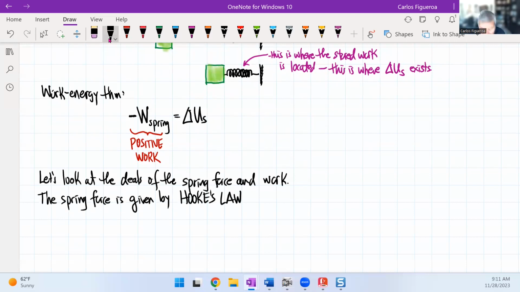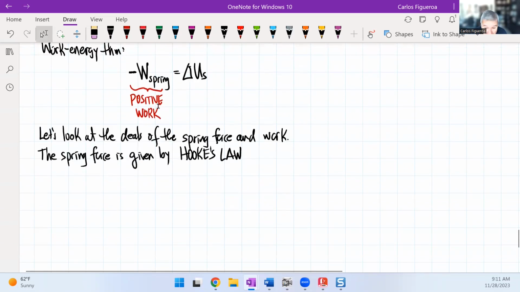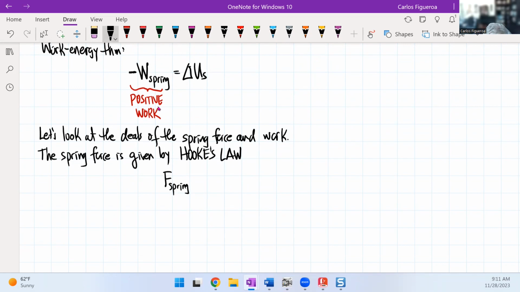And Hooke was an adversary of Newton. These guys really did not like each other very much. And here's what we find. If I have a spring force, which I will write as F of S, this is equal to minus K delta X.